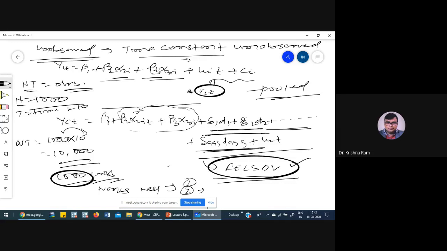Because we know we use dummies for qualitative variables, and when we are talking about unobserved heterogeneity, basically we are talking about those qualities, even though they are unobserved. You can't measure custom, you can't measure culture, you can't measure anyone's ability.